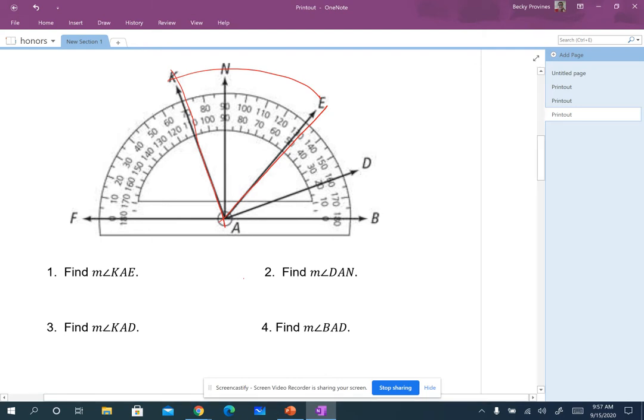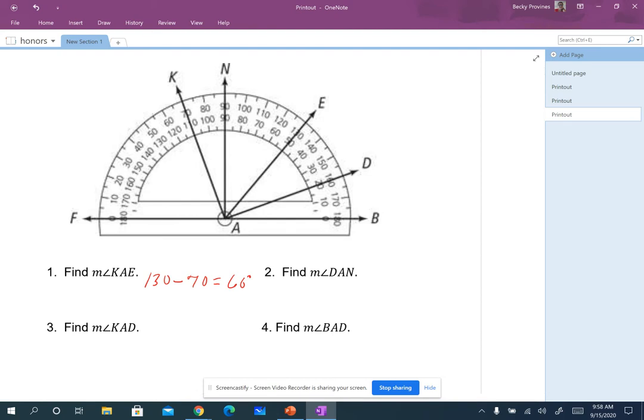Okay, so either use both the top numbers or both the bottom numbers. You really never want to use one top number and one bottom number because you'll end up getting the wrong answer. So for consistency's sake, I'm going to always use the top number. So I have 130, which is the largest number, and I'm going to subtract the 70. So I get 60 degrees. And that's it. That's all you have to do.